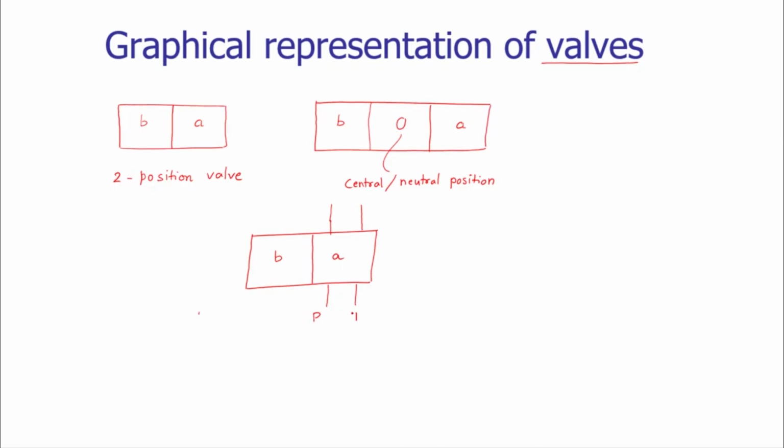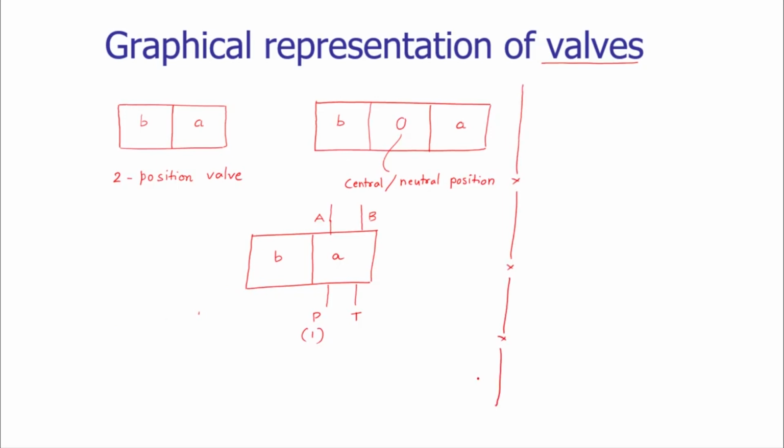The port T is designated the tank port, and it has two application ports A and B. The vertical lines outside the square represent the ports, and the letters or numbers designated here represent the ports. So P is 1. Now to these positions, the information about the actuation is also to be added.